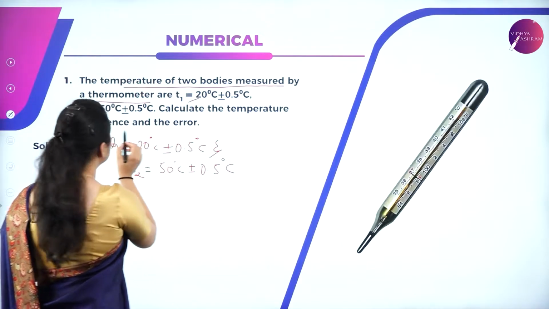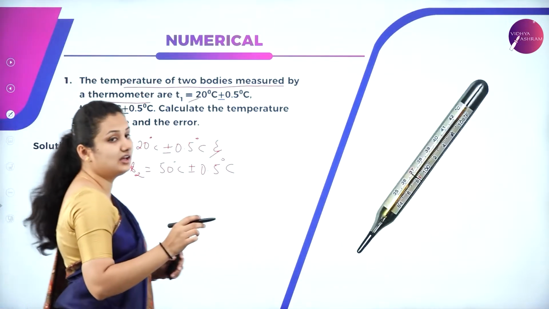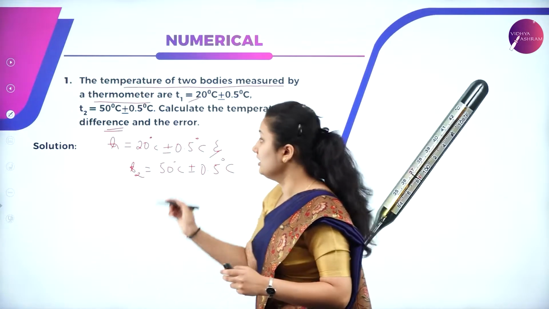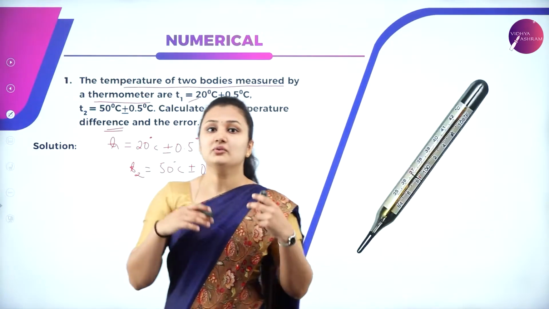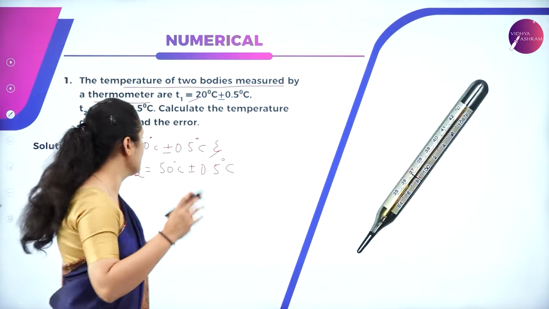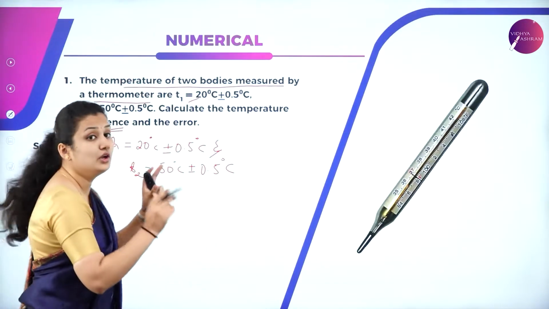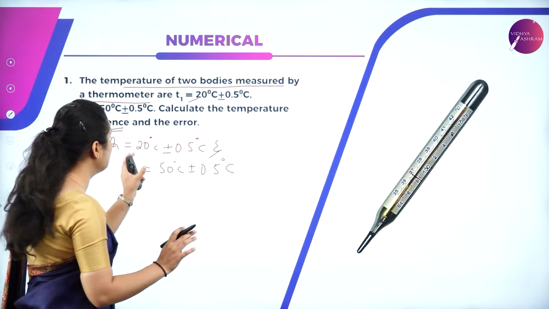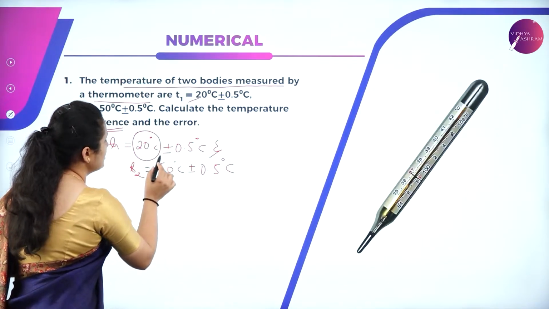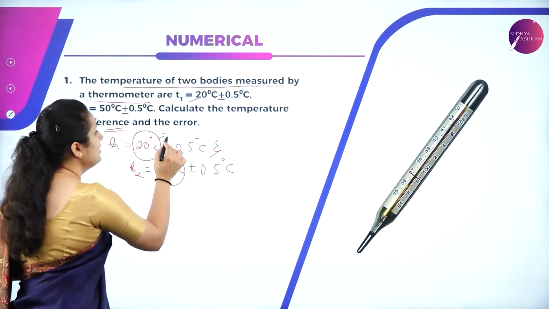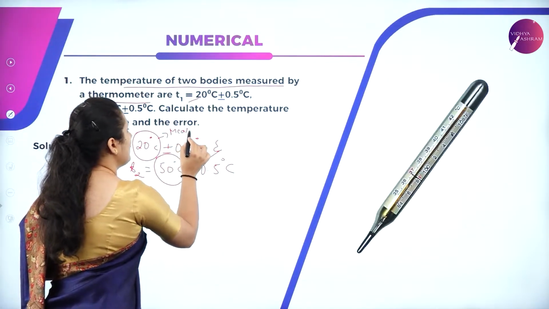Calculate the temperature difference and the error. Hope rule 1 will be clear to you. Try to solve it with me. They have given two temperatures here, T1 and T2. You can see 20 degrees Celsius and 50 degrees Celsius are the measured values.